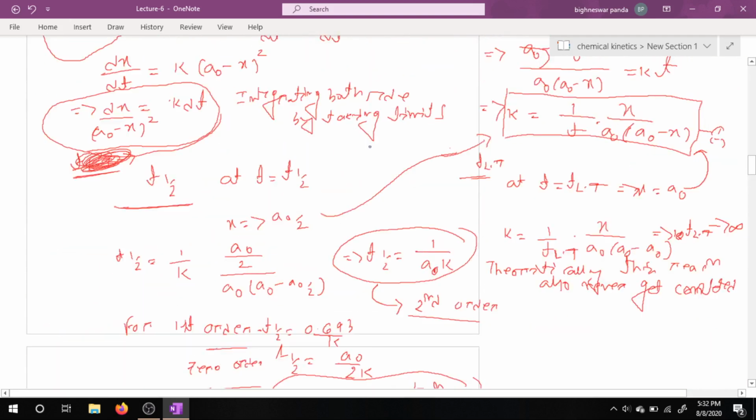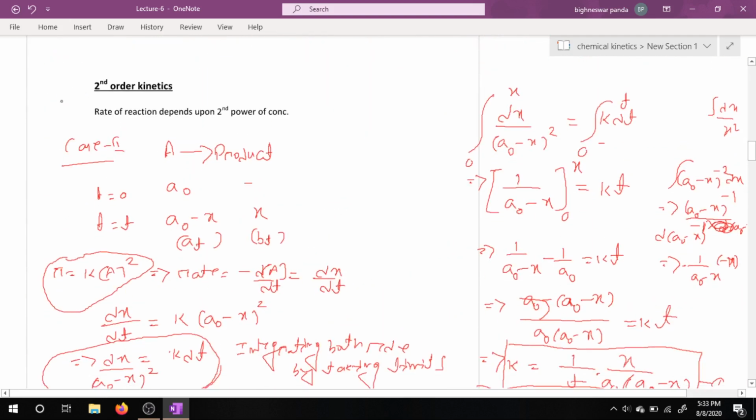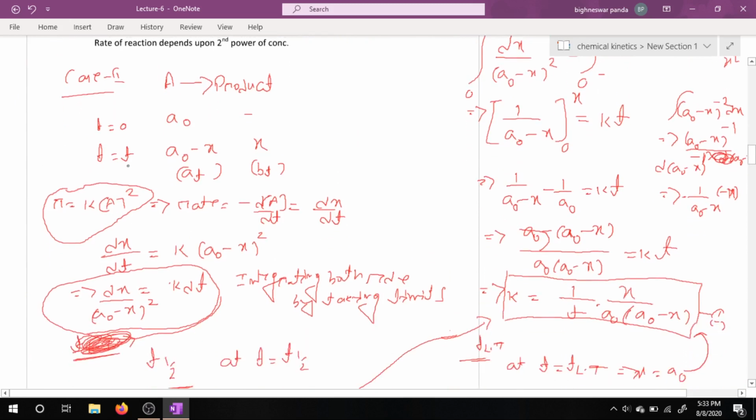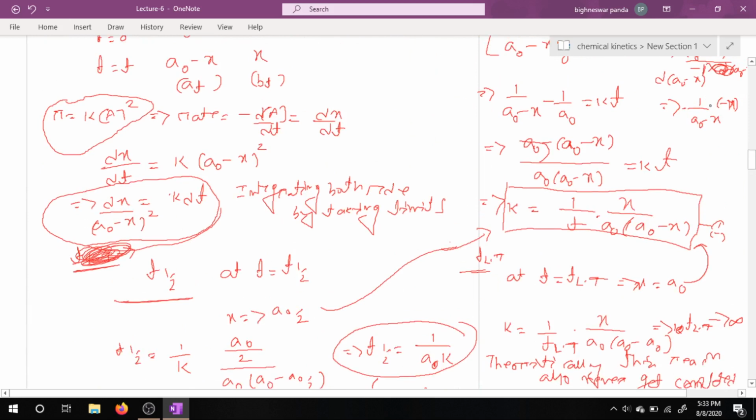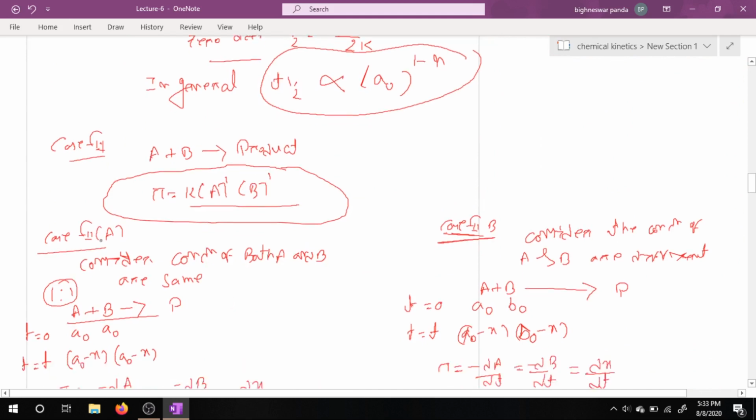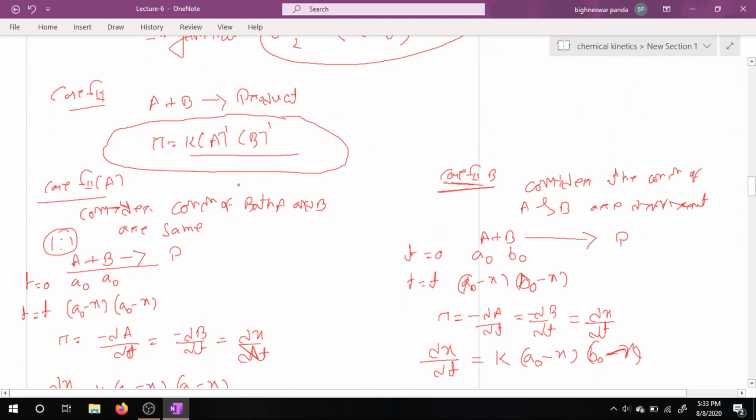So second order reaction involves three types of cases, that is case 1 when A gives rise to product, and for this we have calculated the rate constant K is equal to 1 by T into x by A naught into A naught minus x. Then we have case 2, which we divided into two sub cases, case 2A and case 2B.